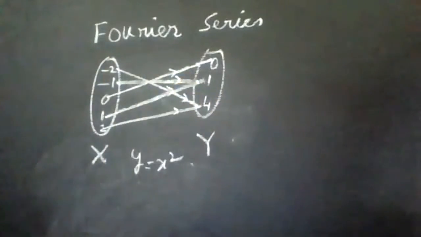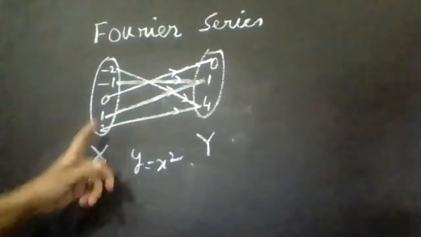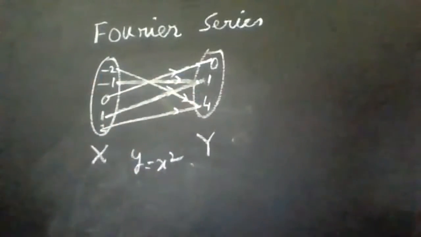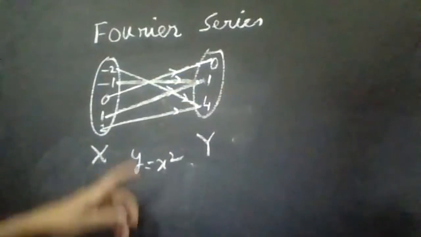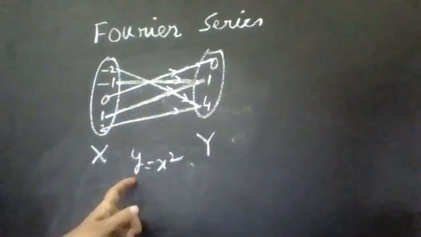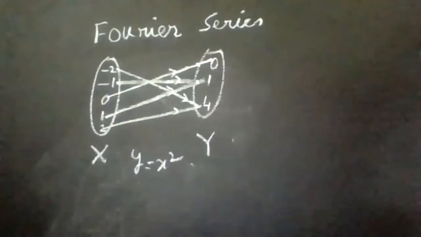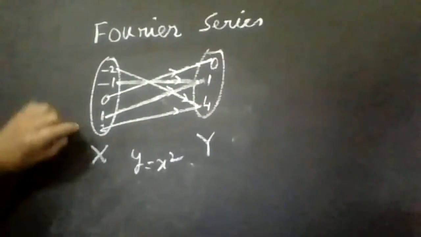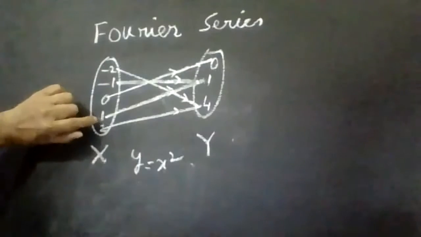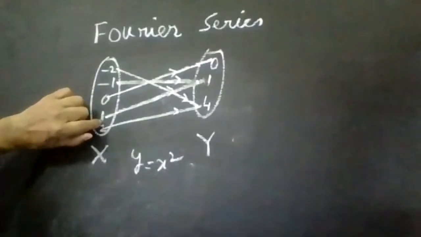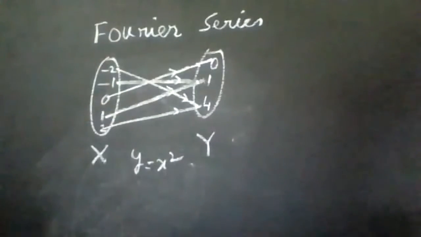So that is the definition, where every element of X is connected to one element of Y by some rule. That rule is the function y equals x square. As you can see, for one value of x you get one value of y, not two.